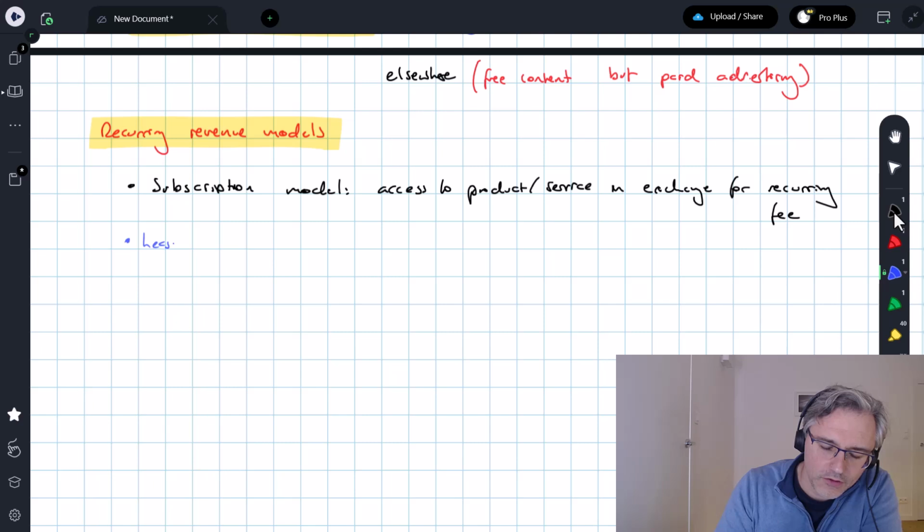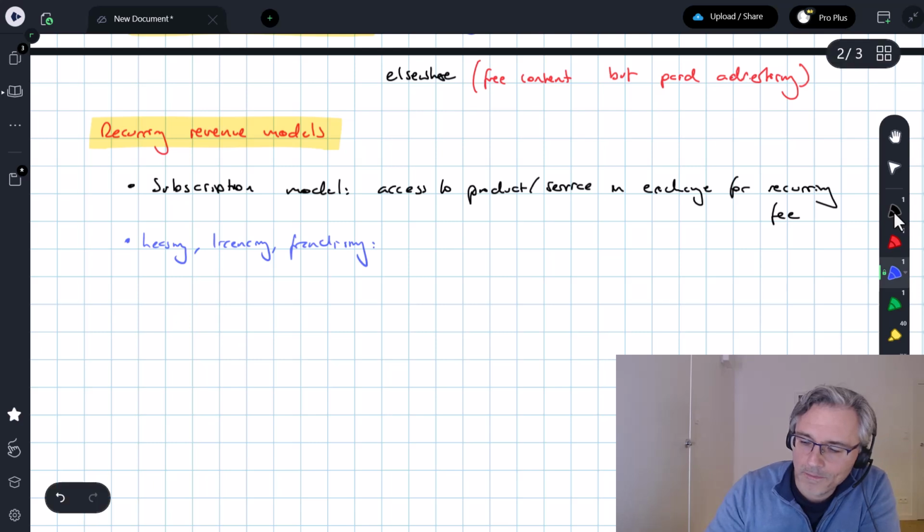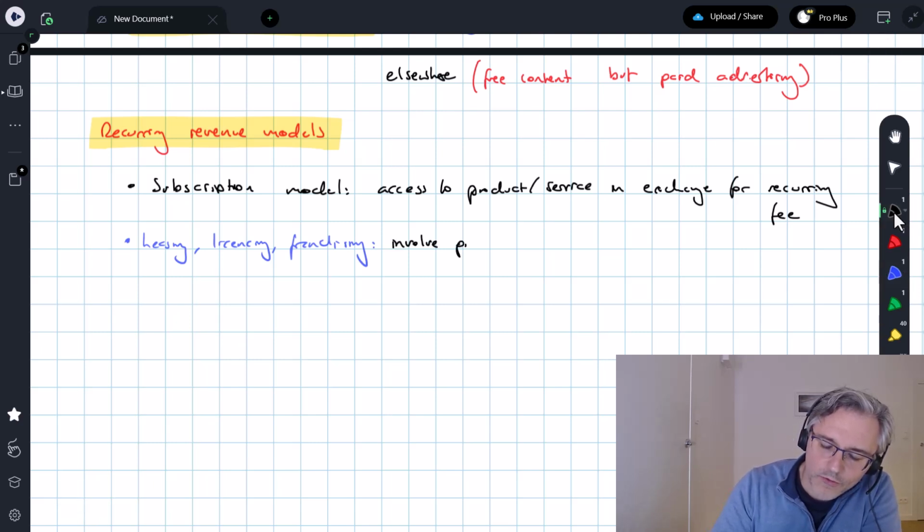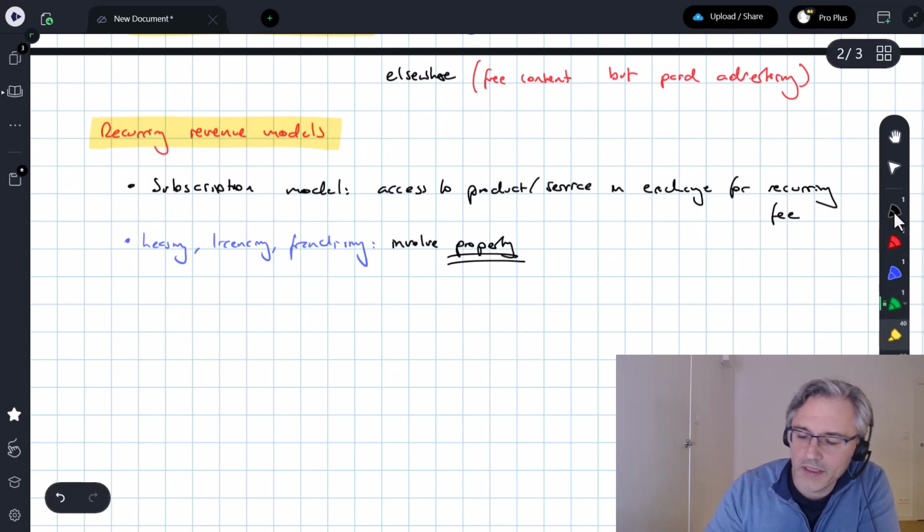And then you've got the more classic leasing, licensing, or indeed franchising models. These involve some form of property, but property here doesn't just mean real estate, it generally means physical assets.